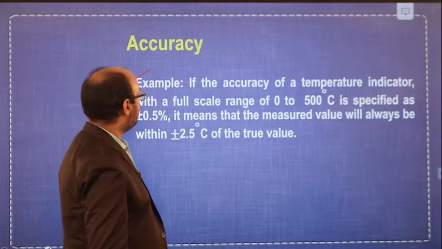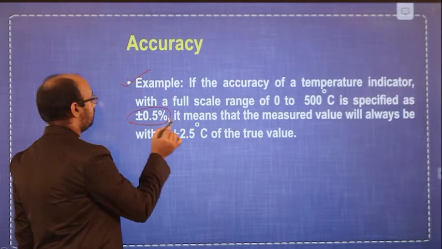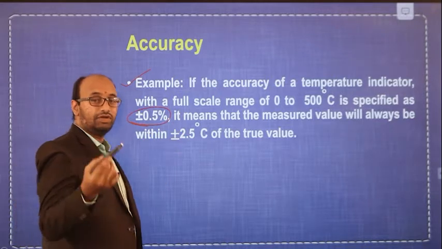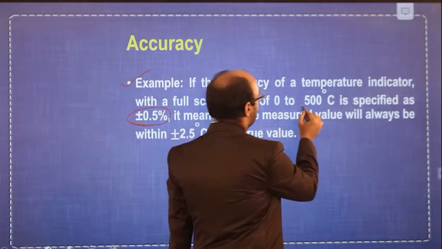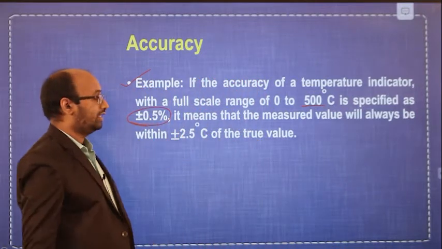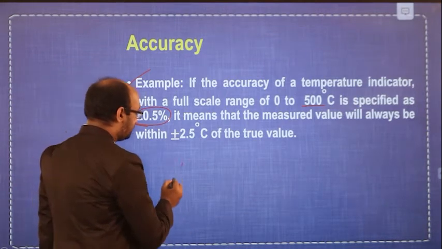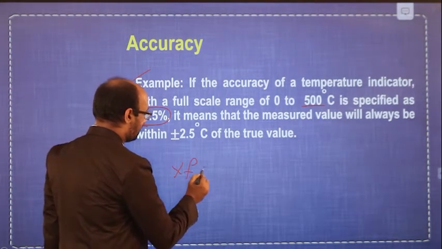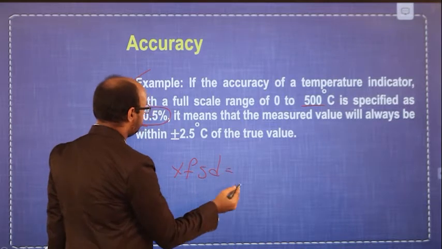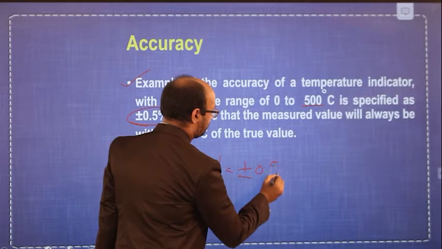Let us suppose the accuracy of a temperature measuring instrument is given as 0.5% and the full scale deflection of this instrument is 500 degrees centigrade. So what is the accuracy? Accuracy is a percentage of full scale deflection, given as plus or minus 0.5%.